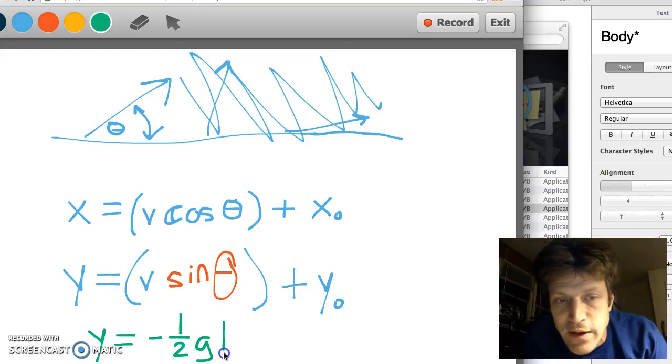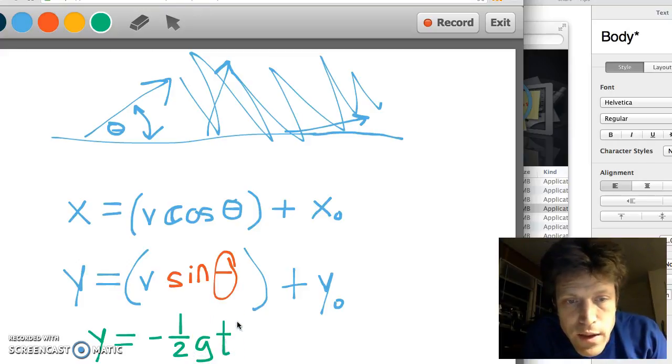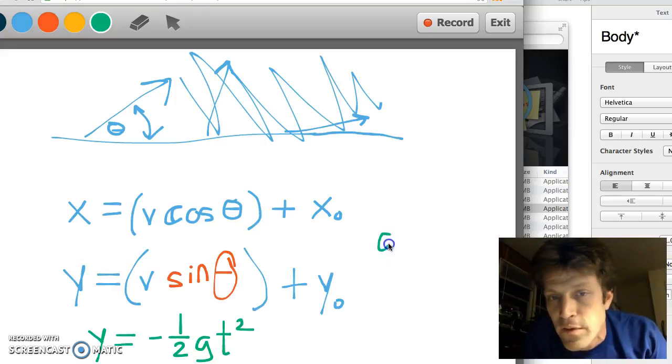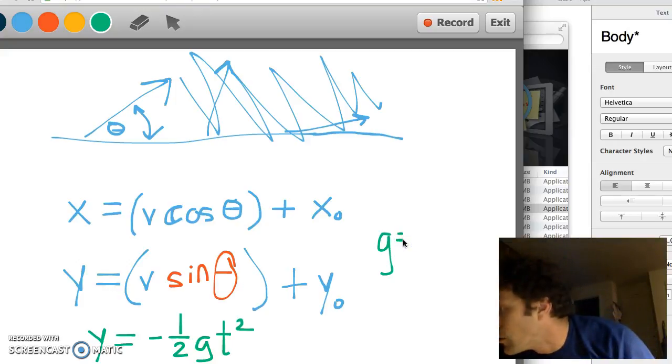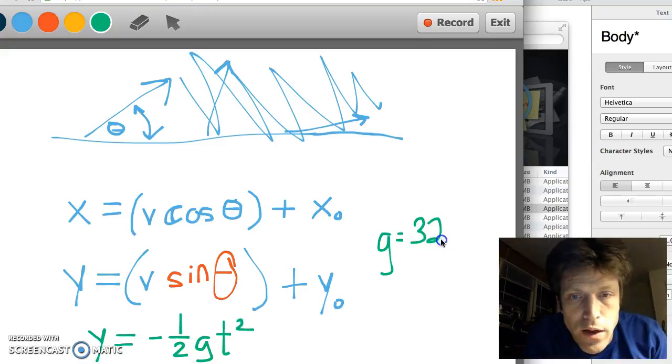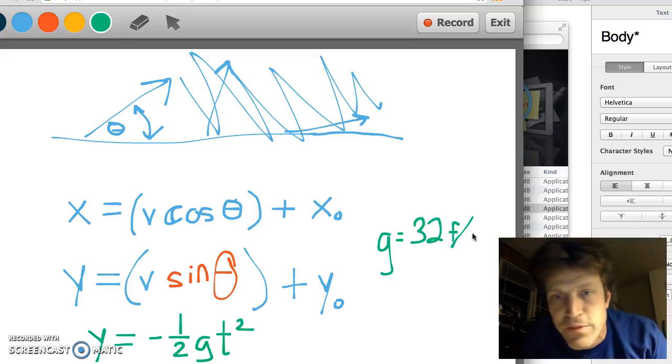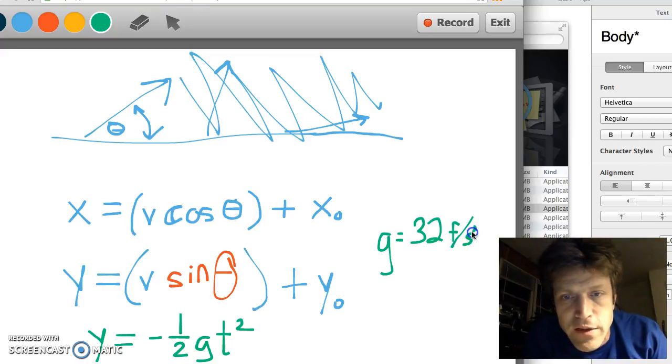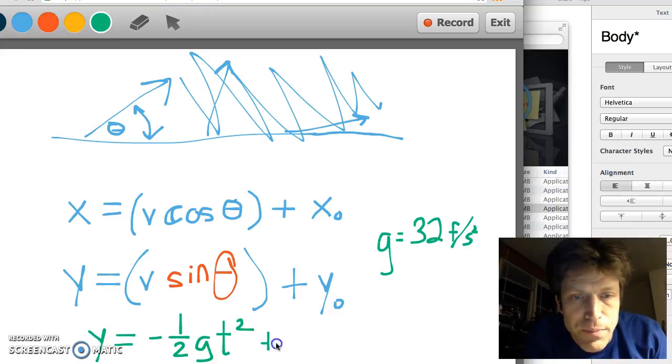G is that gravitational constant, and G is 32 feet per second squared, or 9.8 meters per second squared. This problem is in feet, so we'll just use 32 feet per second squared. It's that plus v sine theta plus initial y.